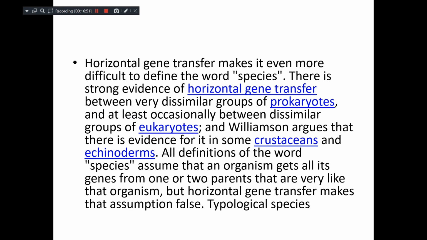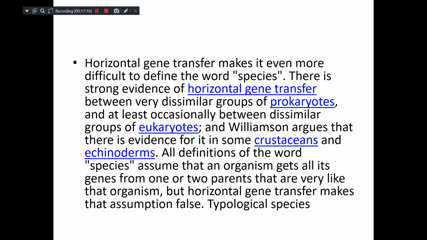Even nowadays, horizontal gene transfer makes the definition more difficult. Horizontal gene transfer means what? The gene transfer between two dissimilar groups, which we do not consider as one species, but gene transfer can be done.